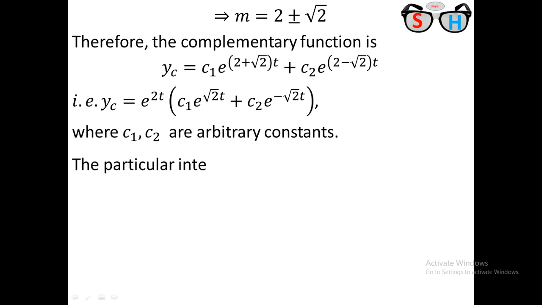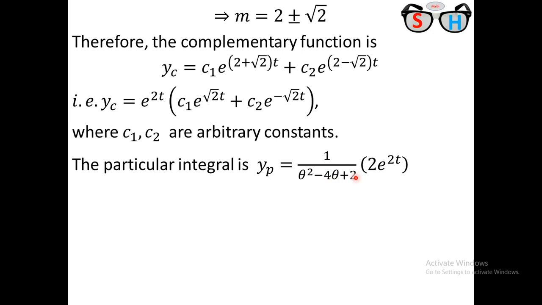Now we have to find the particular integral. The particular integral will be 1/(θ² − 4θ + 2) of 2e^(2t). Here I use rule 1, I just replace θ by 2, where alpha is 2 in the place of θ. Therefore the denominator will be 2² − 4·2 + 2, that is 4 − 8 + 2, which means −2, that is non-zero.